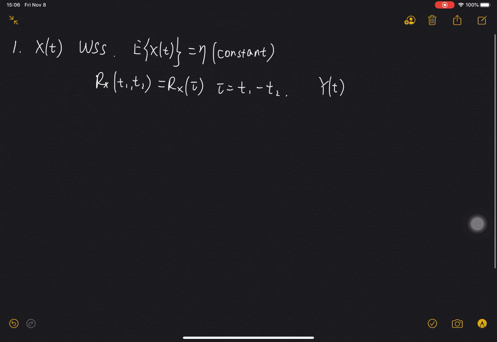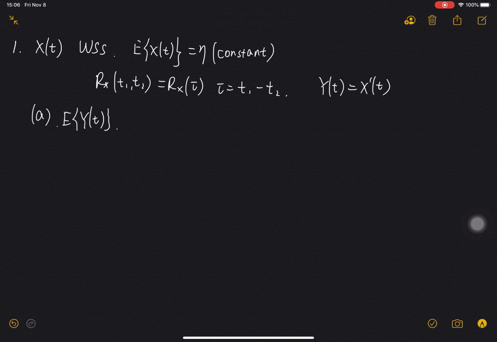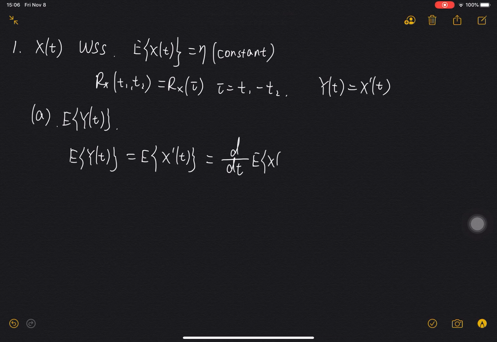Yt is the derivative of xt. So the first question, A, we need to find the expectation of yt. And this is very easy because the expectation of yt is the expectation of the derivative of xt, which is the derivative of the expectation of xt.